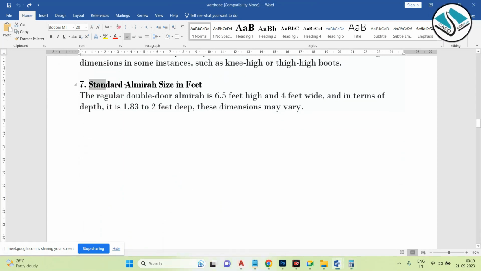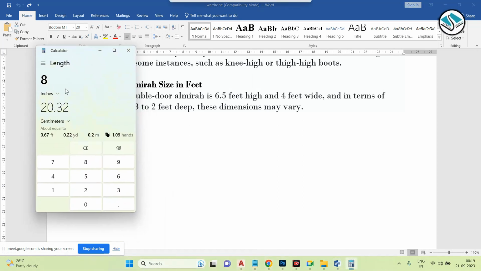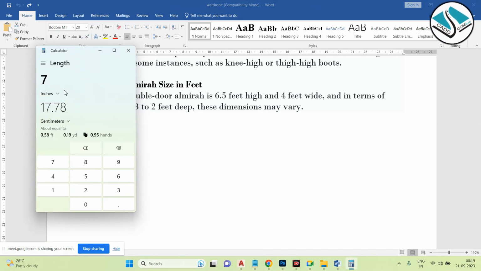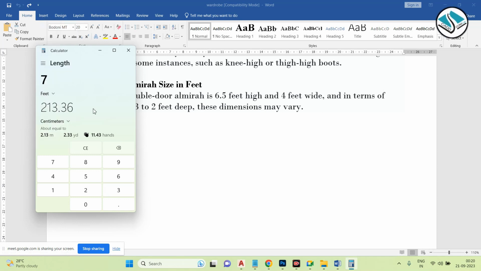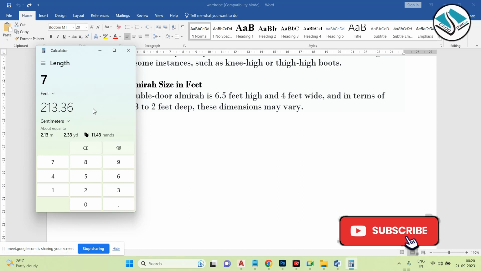One thing that is very important is the standard size of the almirah. The regular double door almirah is 6.5 feet. In your city, in your country, 6.5 feet means approx 213, and you can use approx 220 centimeter height for the almirah.